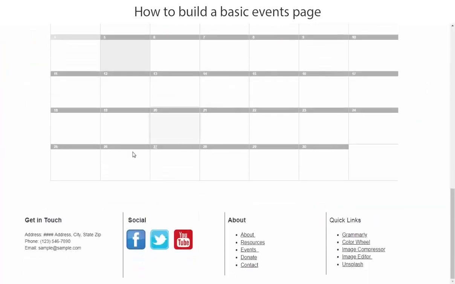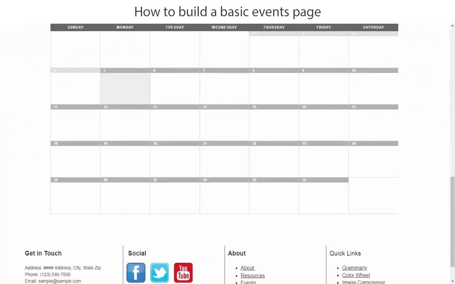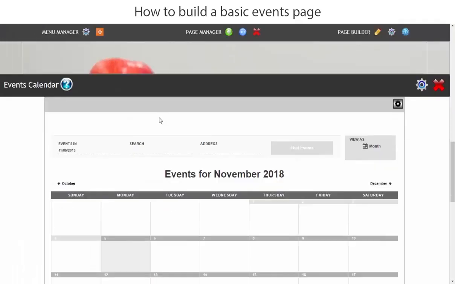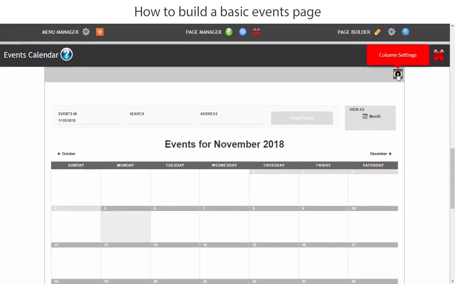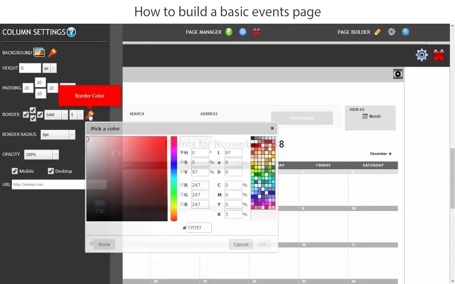This is how we see the calendar right now on the page. Now what we want to do is put a nice border around the calendar so that it looks sharper on the page and stands out. So the next thing we want to do is go into the column settings. We will tick all of the border checks for left, right, top and bottom, and change the thickness to 5 pixels, and we will add color to the border.